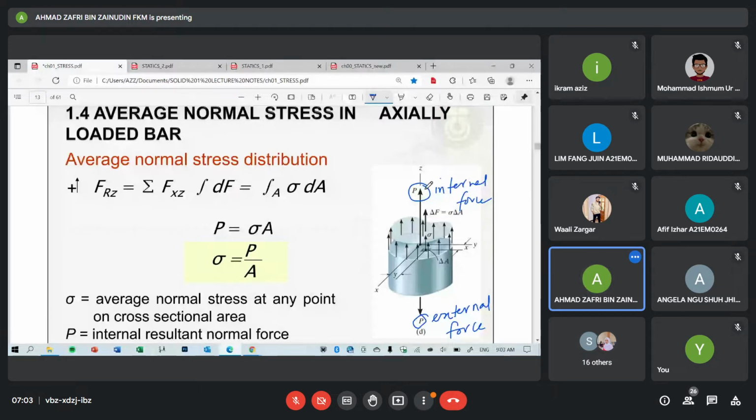What the internal force is acting on each point here is not our level to calculate. It's advanced level.